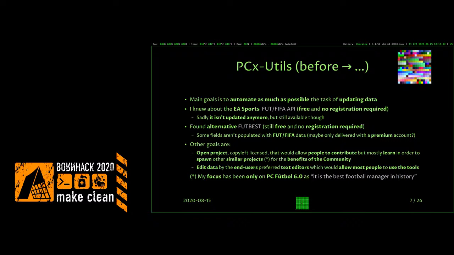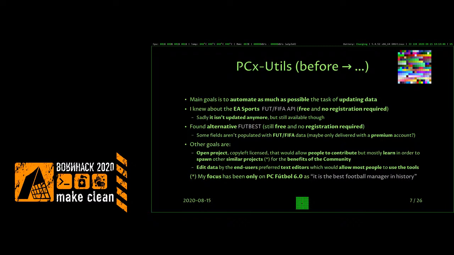Sadly, 1 or 2 years ago, Electronic Arts decided they didn't want to update this API anymore. So if you want legacy data, when I put out the slide, you can just click on that, and you can retrieve the data as it looked 2 years ago. It's still active, but they just don't update it. Then I found another alternative, which more or less reuses the data from this API.